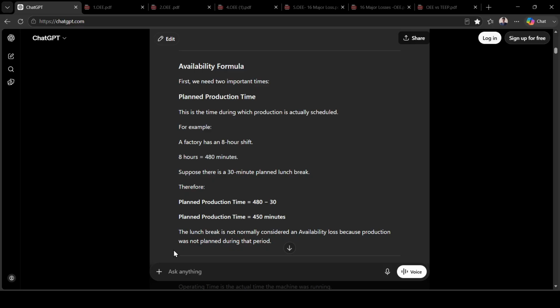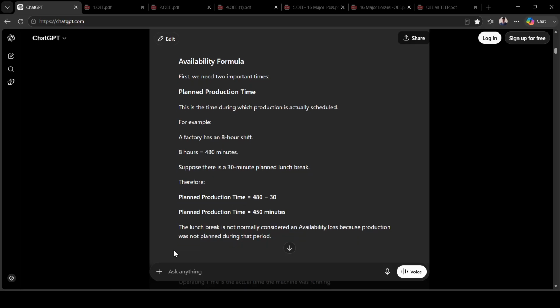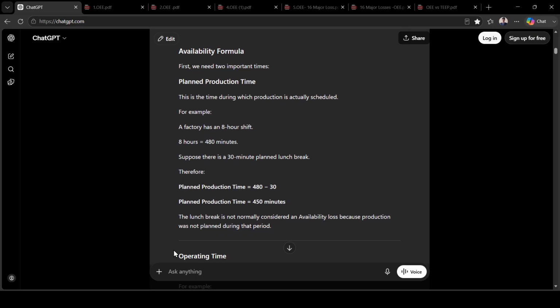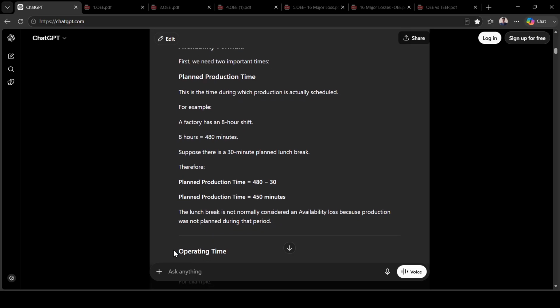For example, a factory has an 8-hour shift. 8 hours equals 480 minutes. Suppose there is a 30-minute lunch break, then planned production time is 480 minus 30, which is 450 minutes. The lunch break is not normally considered an availability loss because production was not planned during that period.